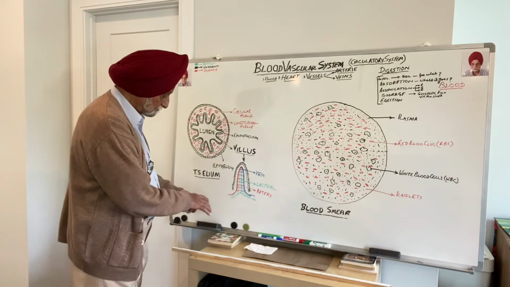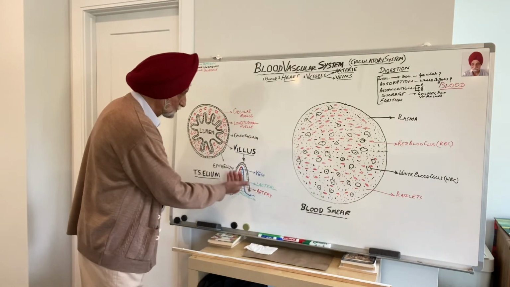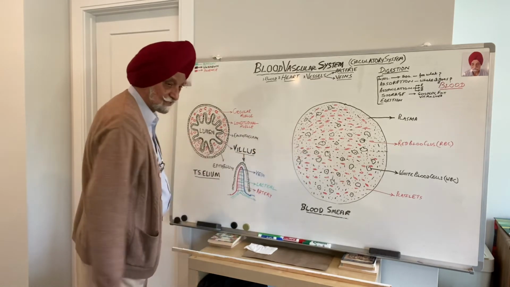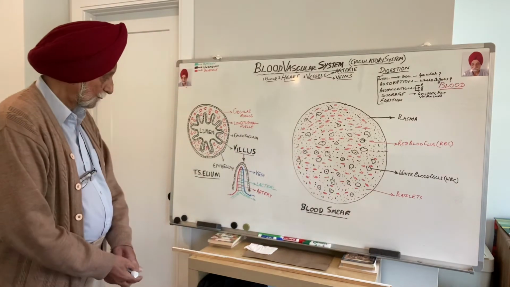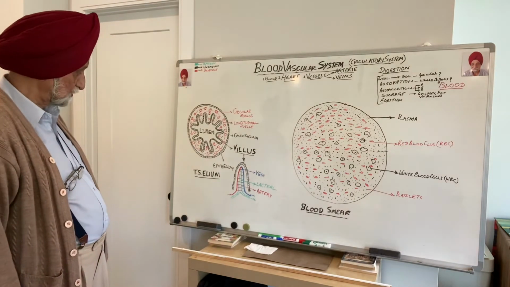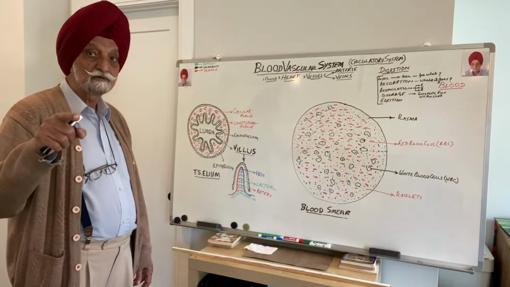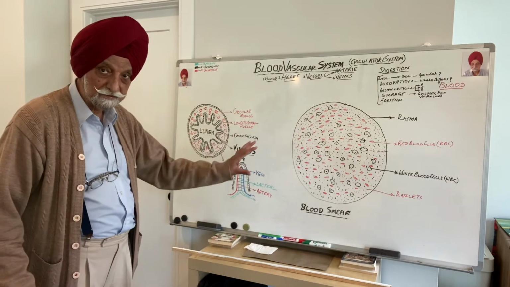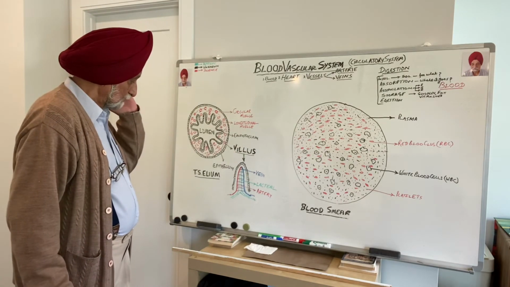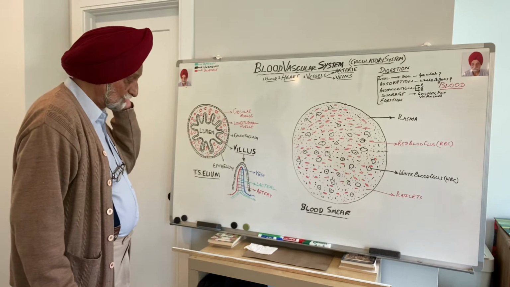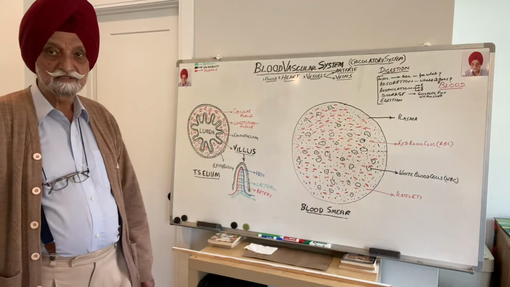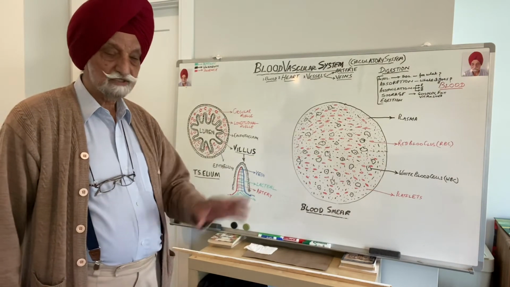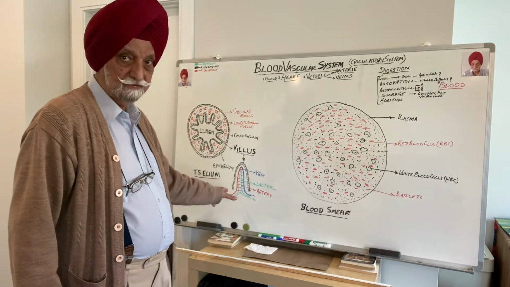Now, this blood then goes here. What happens to the food there, I will be telling you later in the blood vascular system. But remember, I have brought the digested food into the blood. In the lumen of the small intestines, the soluble food gets into the blood.